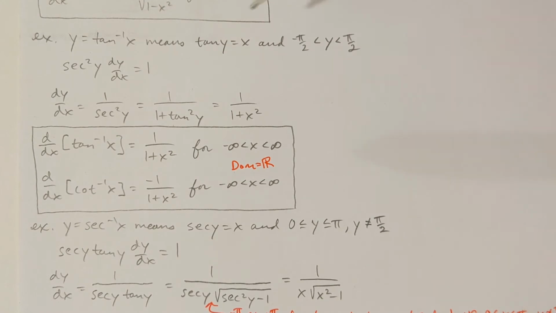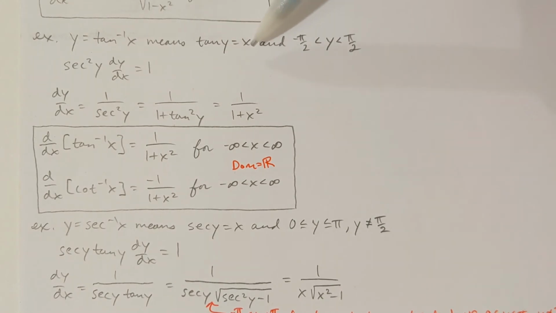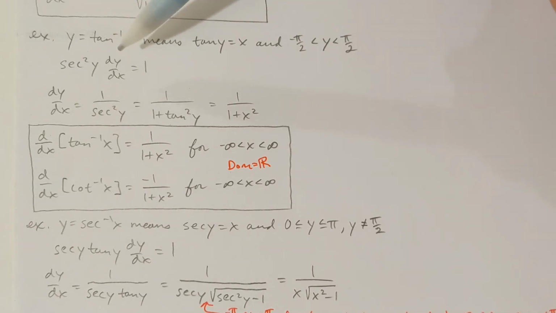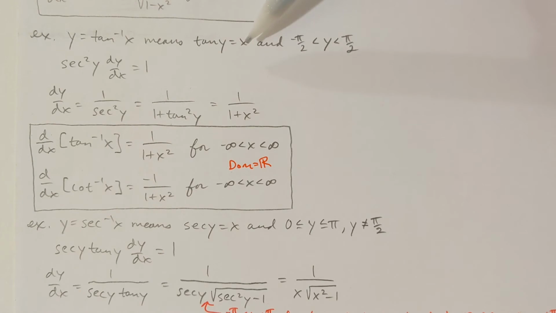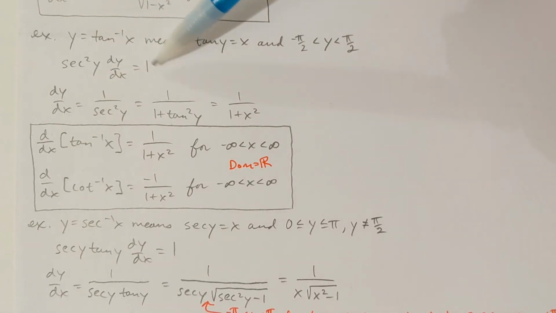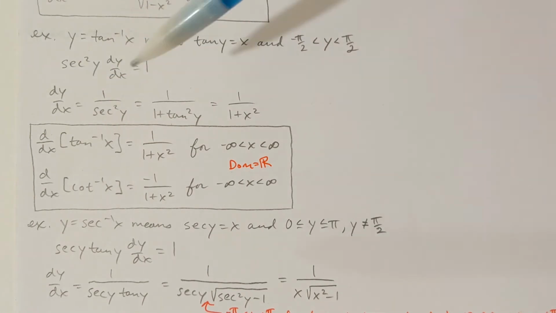And tangent of y equals x is in implicit form, so I'm going to use implicit differentiation. The derivative of tangent of y would be secant squared y dy dx. The derivative of x would be 1. Divide both sides by secant squared y, that way dy dx is all alone.